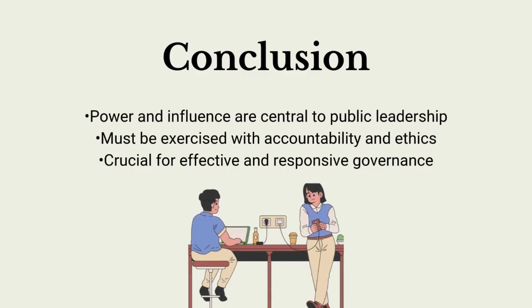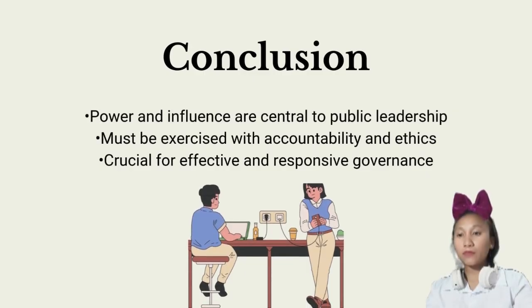So in conclusion, the effective use of power and influence in public sector leadership is not only about commanding authority. It is about applying influence in a way that respects legal, ethical, and organizational constraints.